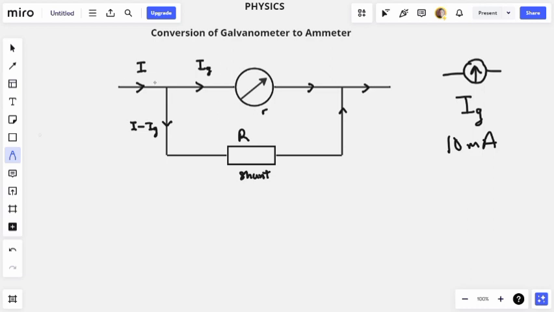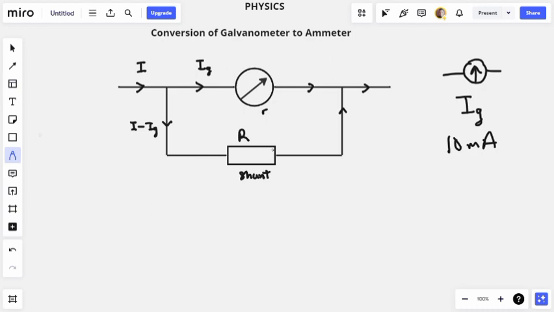So when this current comes in here, it will be divided into two. Part of it will go to the galvanometer, which is I subscript G, and part of it will go to the resistor, and we label that I minus I subscript G. This current minus the galvanometer current will give you the one that will enter the resistor.